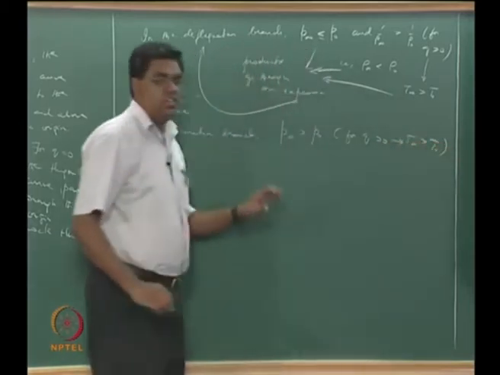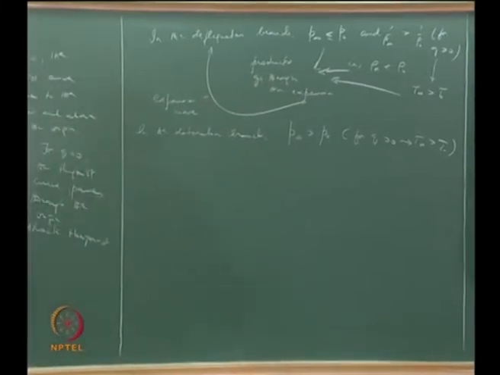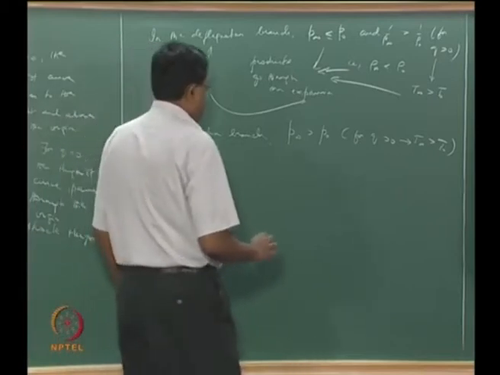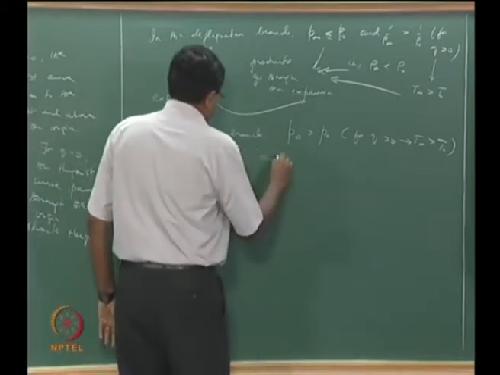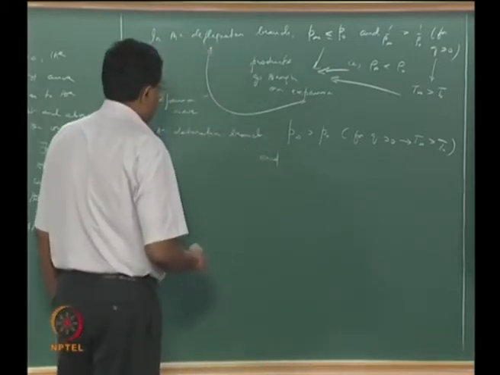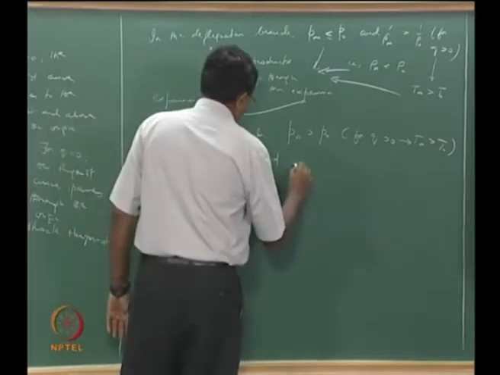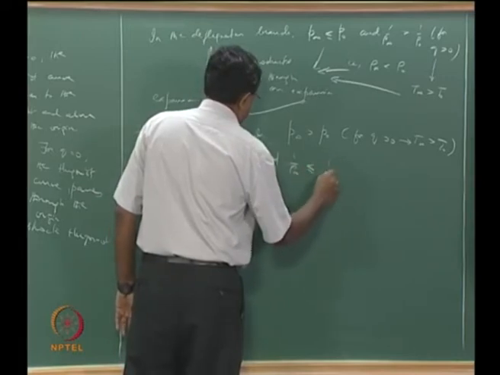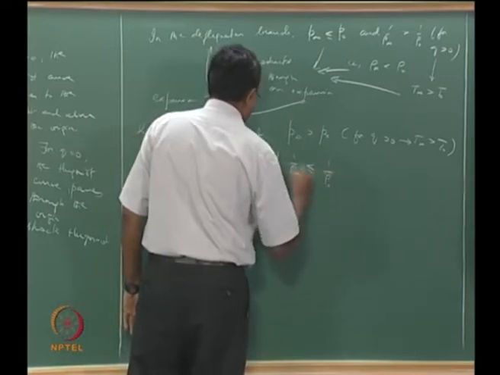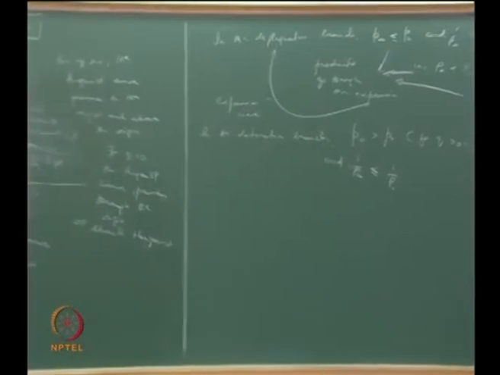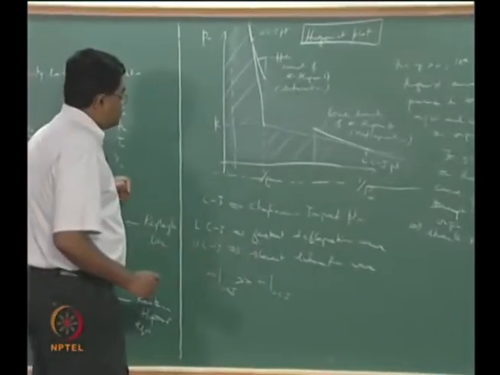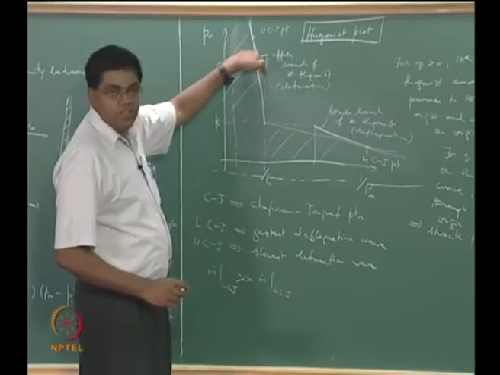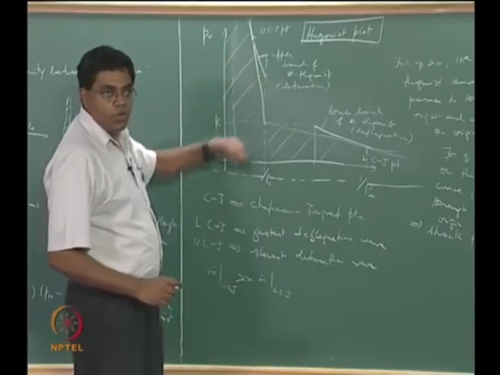You always have a heat addition that you're having in mind in both cases, right. T infinity is greater than T naught. So P infinity is always greater than P naught, and 1 over rho infinity can be less than or equal to 1 over rho naught, right. So the highest value of 1 over rho infinity that you can hope for is equal to 1 over rho naught.